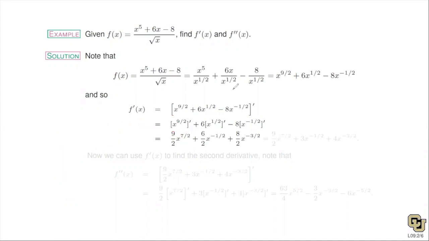And similarly for the second term, x to the 1/2, I bring the 1/2 down, multiply the 6, so I get 6 over 2. And then in the exponent, I subtract 1 from 1/2. 1/2 minus 1 is negative 1/2.